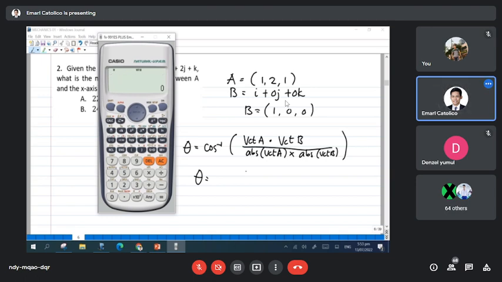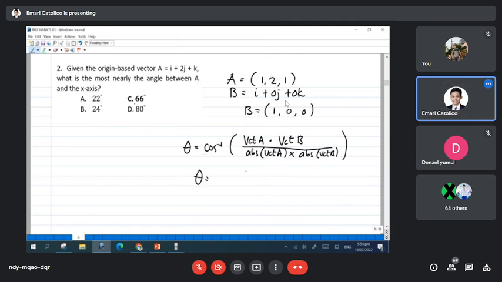Okay, so cosine inverse of vector A, shift 5, 7, shift 5, 4, over, pwedeng divide din, ano? Over absolute value of, hindi ko pa natatry itong divide. So, try natin. Absolute value of vector A times absolute value of vector B. Okay, so 65.91 degree. So, approximately 66 degree.